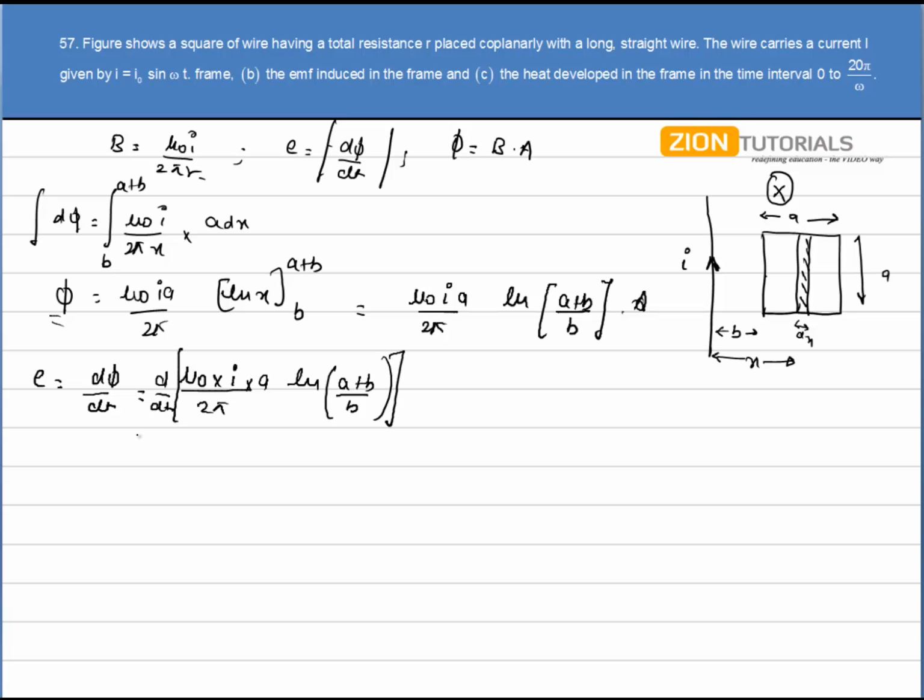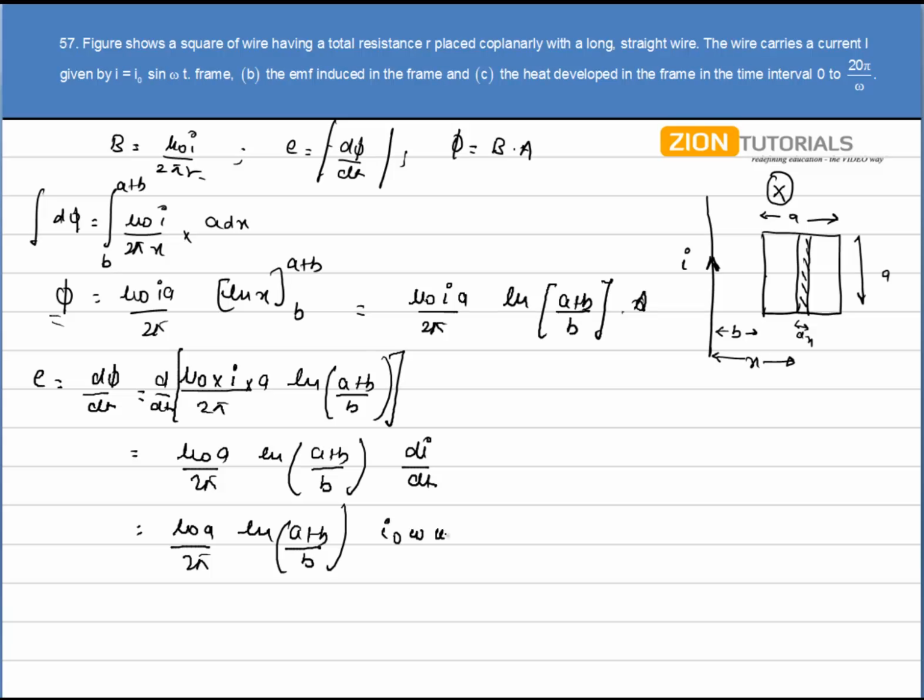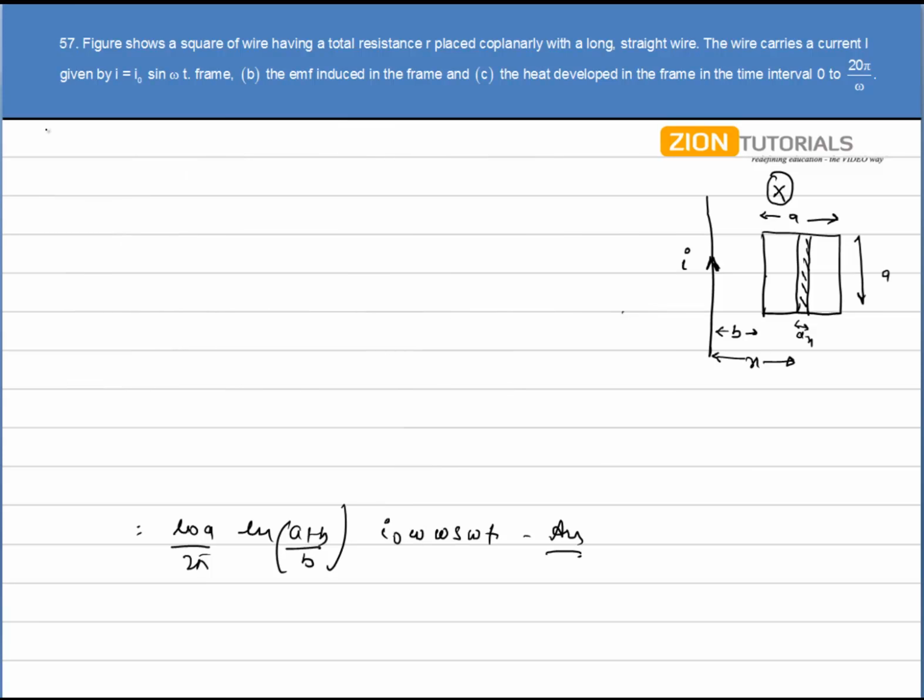Since I is changing over here and the rest are constant, I can write mu naught A by 2 pi natural log of (A plus B) by B, di by dt, where di by dt is given by I naught omega cos omega t. So this is my answer for the first part.